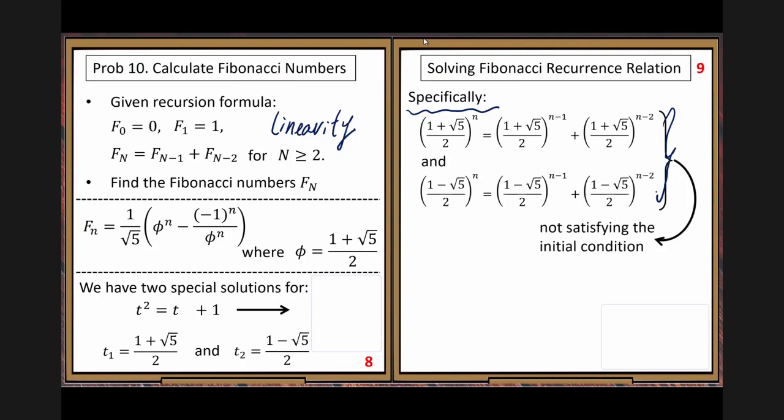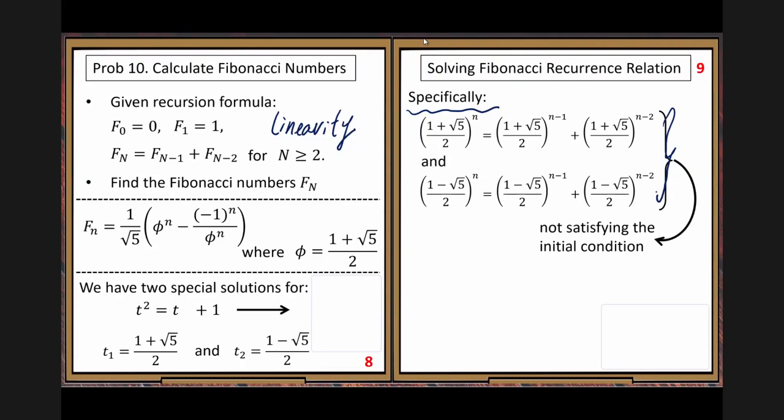The reason we need a more general solution is that these two special solutions do not satisfy the initial condition. If we make a new solution that satisfies the initial condition 0, 1, then we will have the integer solution.